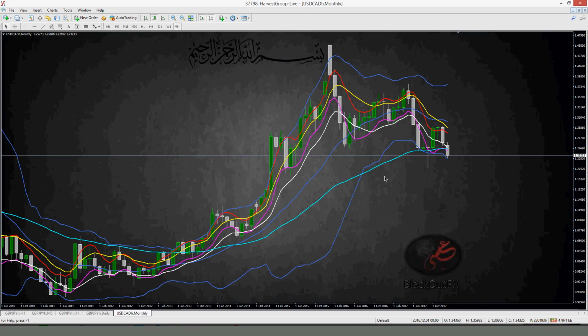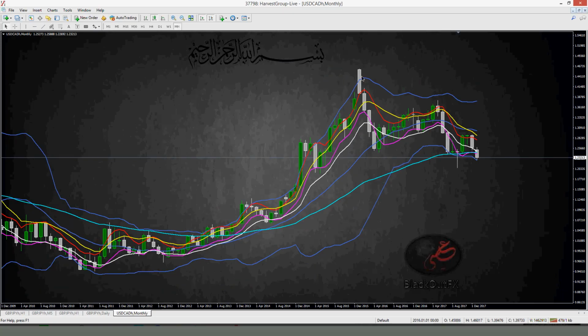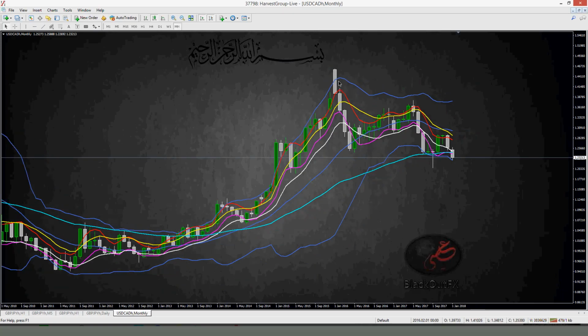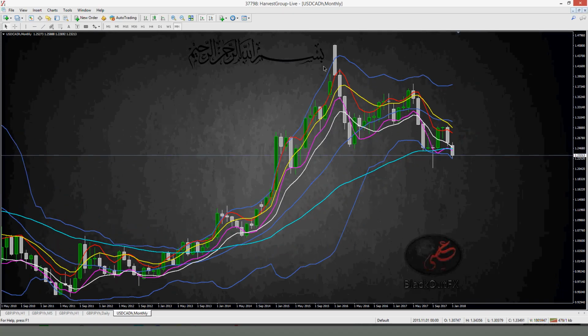Okay, so on the monthly, ignoring this candle over here, we will take it as a candle that rejects top BB.